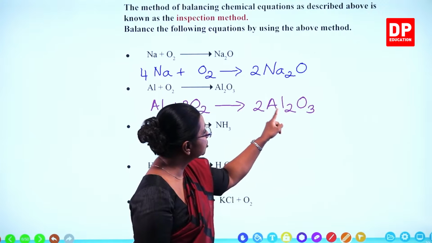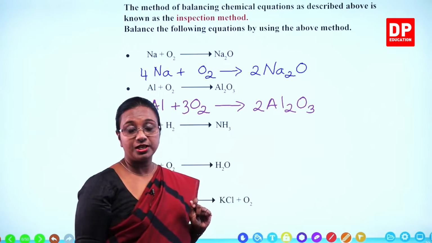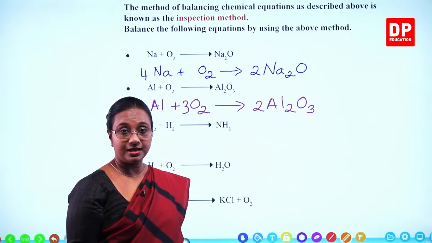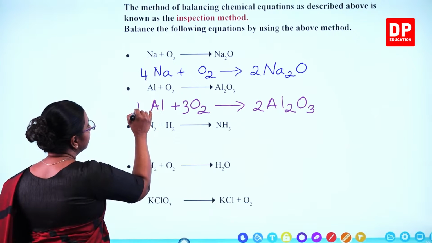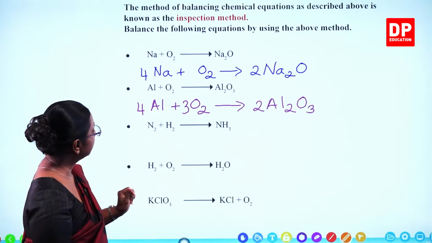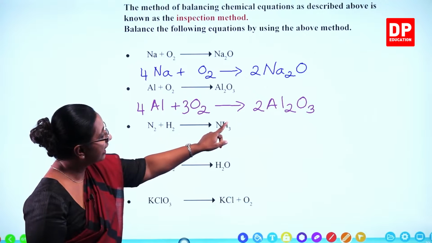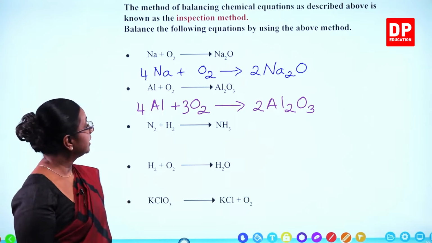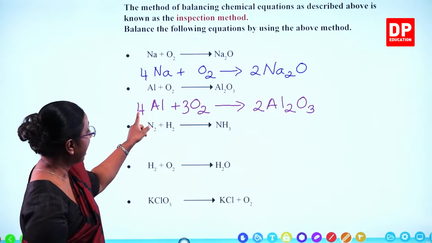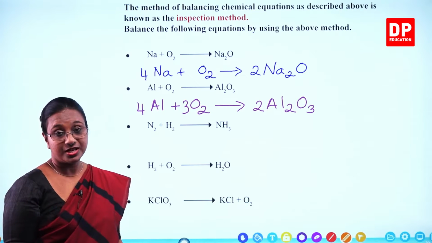Already we have Al2, 2 aluminium atoms in one molecule. We have 2 such molecules. So, there are 4 aluminium atoms on the product side. So, we need to use the coefficient 4. 4 aluminium plus 3 O2 gives rise to 2 Al2O3. That is the balanced chemical equation for the reaction of aluminium with oxygen forming aluminium oxide.